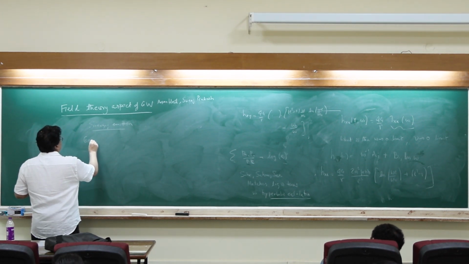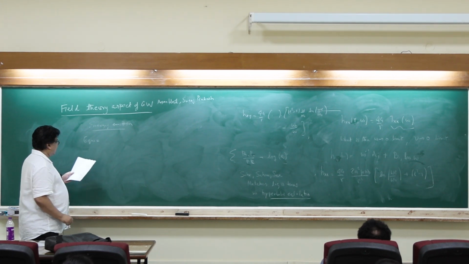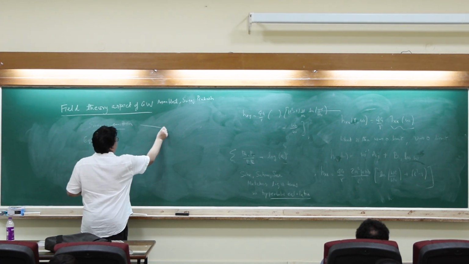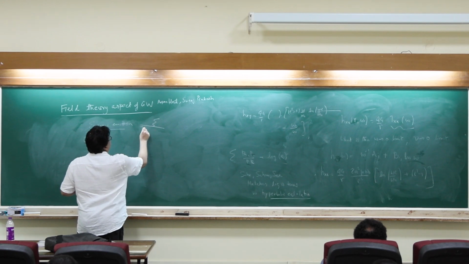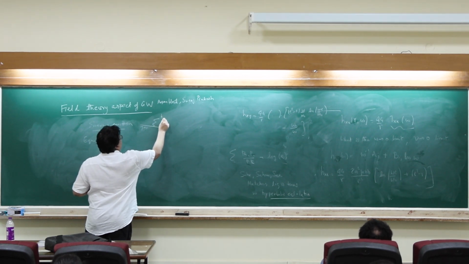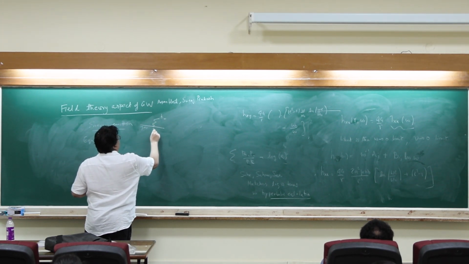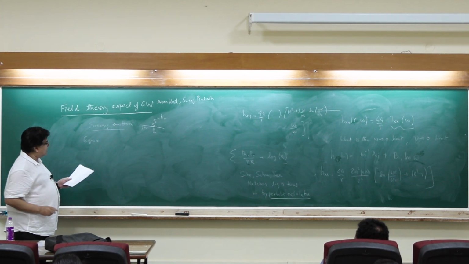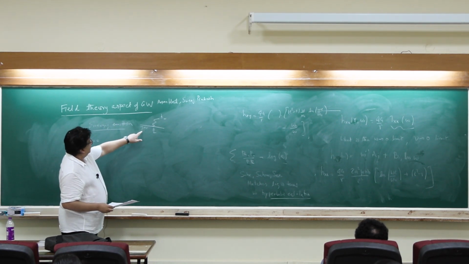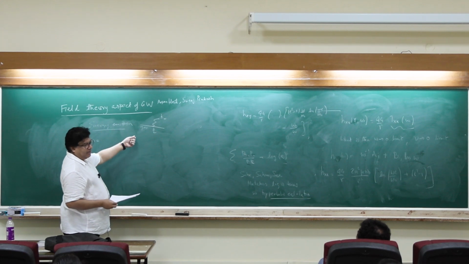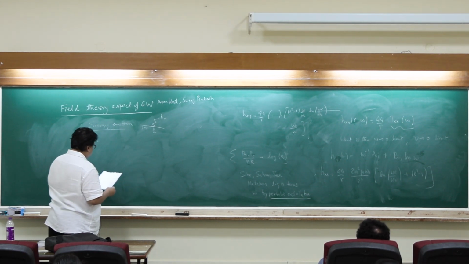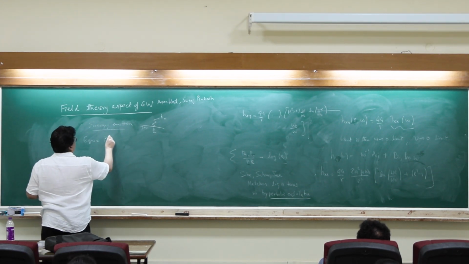You use the field theory expression, with T mu nu and H mu nu, kappa by 2. So in this process, I know the structure of T mu nu as an orbit.